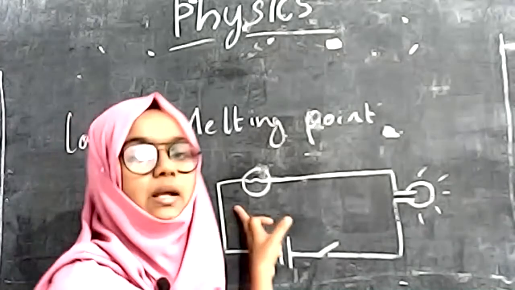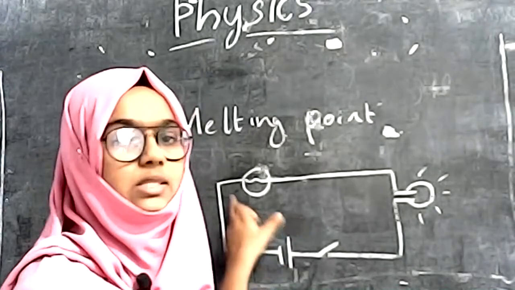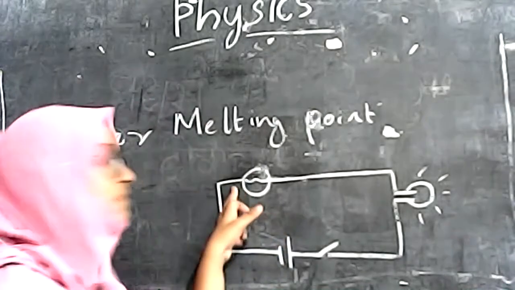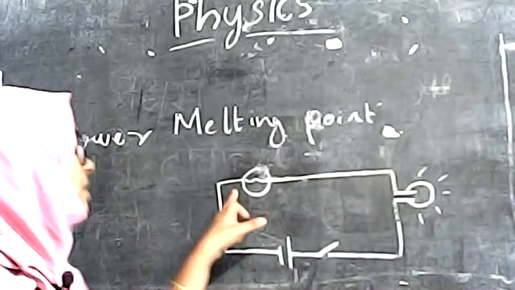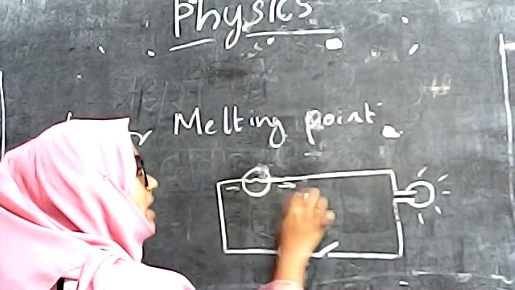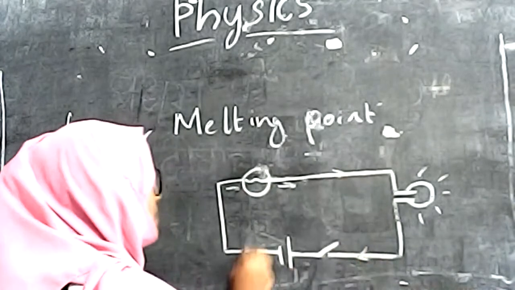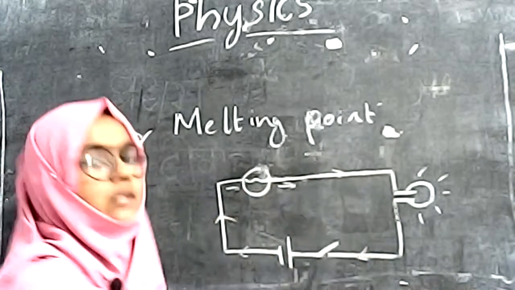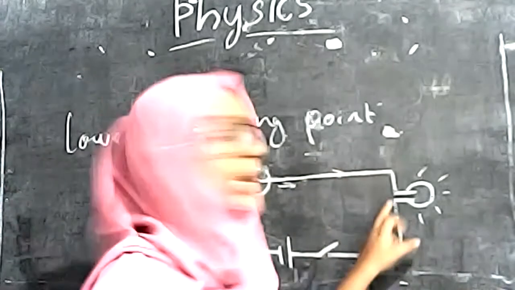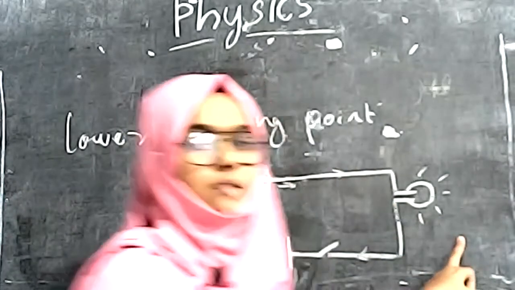When any trouble comes, such as overloading or a short circuit, this is the fuse wire we used in the circuit. Electricity always passes through the fuse wire and through the whole circuit, and because of that the light glows.